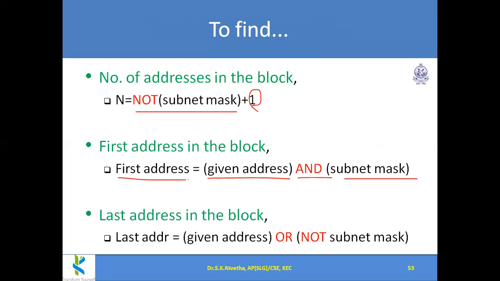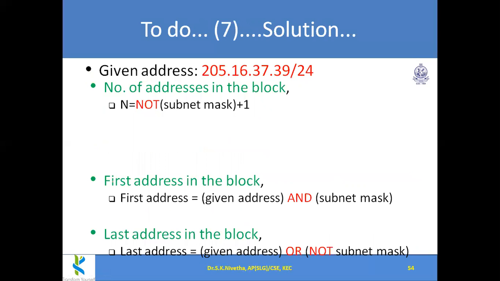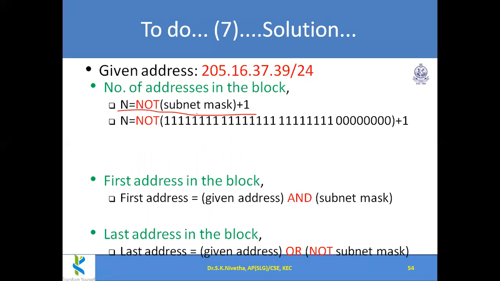To find the last address, earlier we set the rightmost 32 minus n bits to all ones. The same thing we are achieving here in a different way, with the given address OR the NOT of the subnet mask. Okay, we shall see the example.